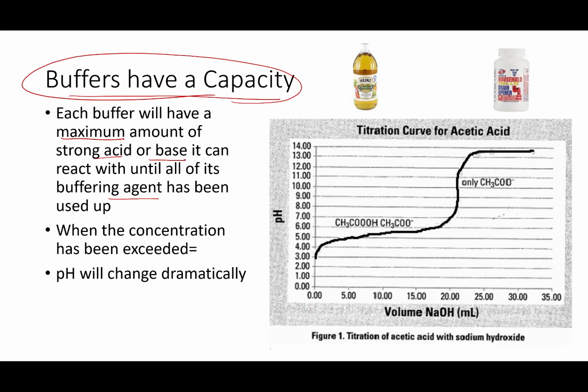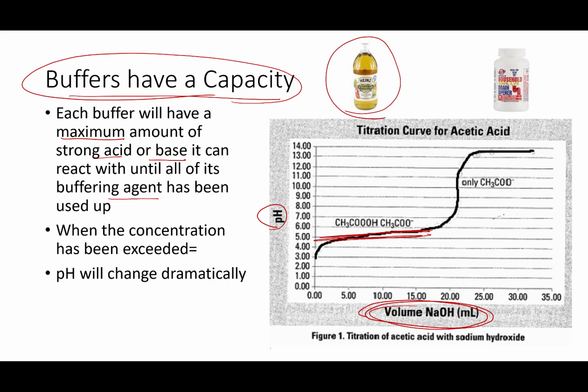And this is a buffering curve. Here's the acetic acid that was used as a buffer, and more and more strong base was added to the solution. This is pH on this side, using acetic acid, which is the acidic ingredient in vinegar. The pH almost didn't change.